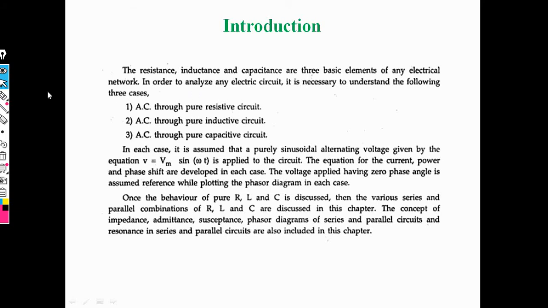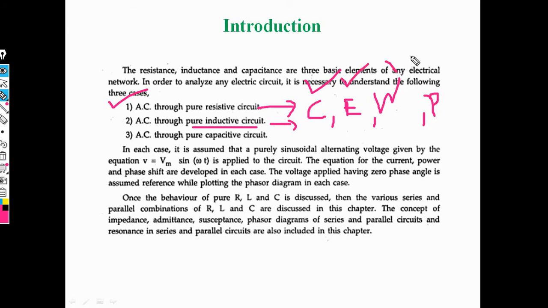That means 4 parameters are very important in pure resistive circuit. Also the same for inductive circuit: circuit diagram, inductive equations, waveform, and the last one is the power equation.